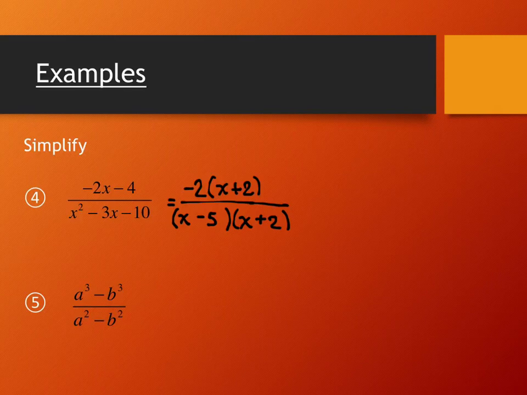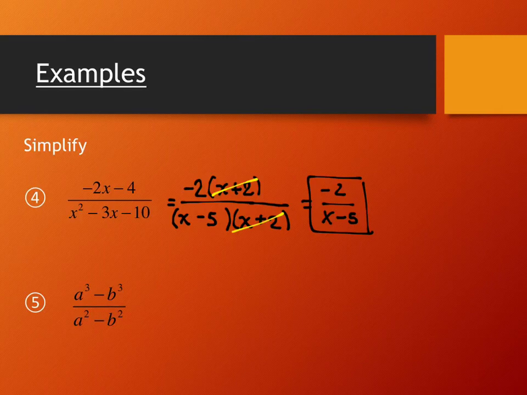Otherwise, I can't really do what the directions are saying. Nothing to simplify, right? So there is this expectation as I do this that I'm going to get that x plus 2. They do, in fact, cancel or simplify or reduce, leaving me with a negative 2 on top and an x minus 5 on bottom. Any questions on that one?